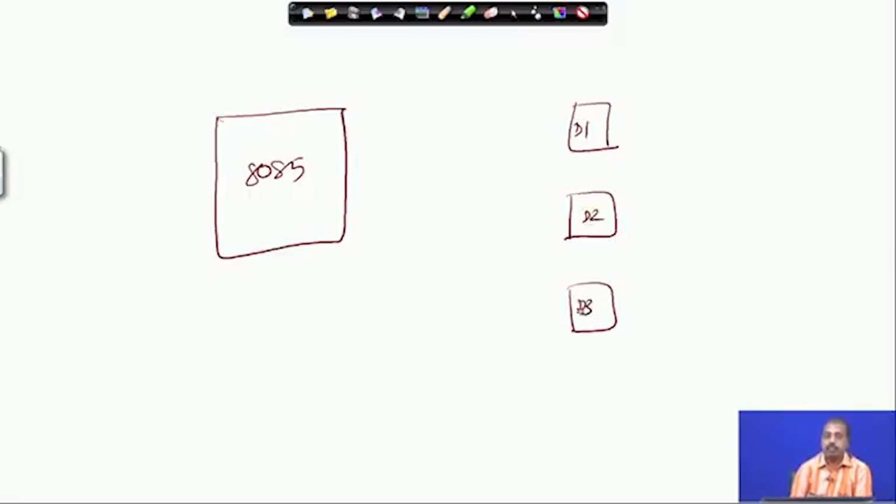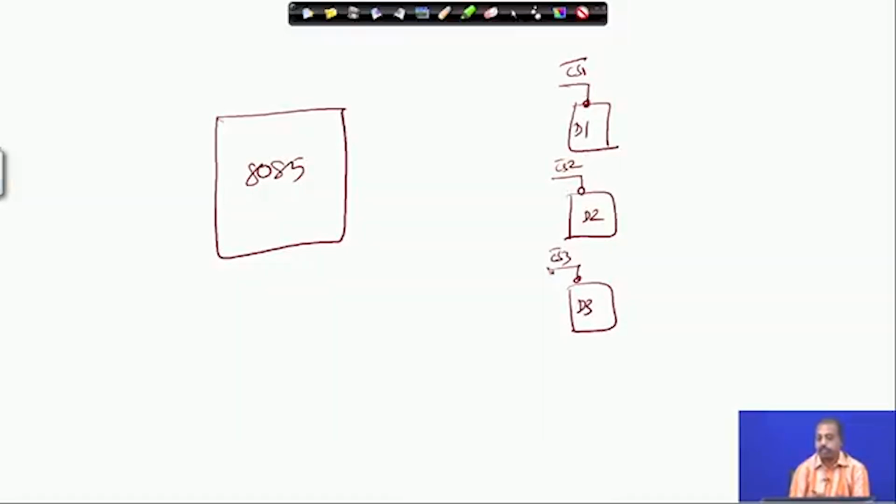Each device will have some address, and that address is identified by some sort of chip select signal, CS bar 1, CS bar 2, CS bar 3.